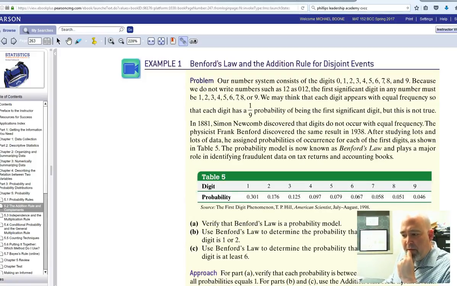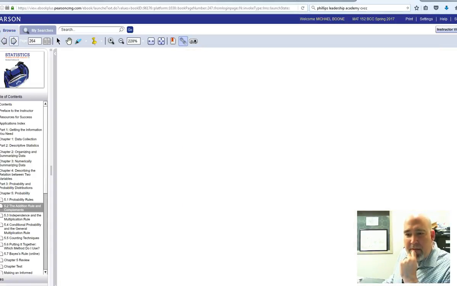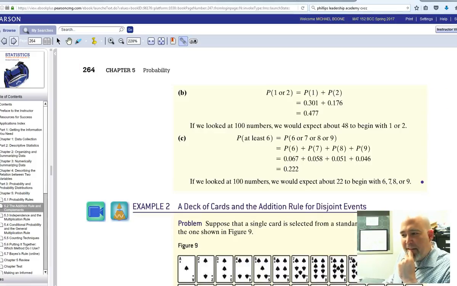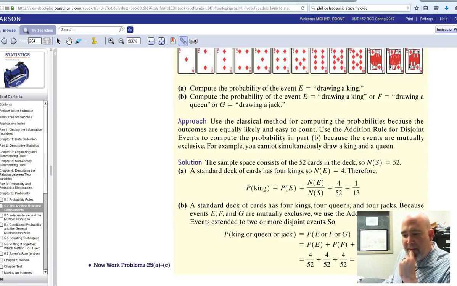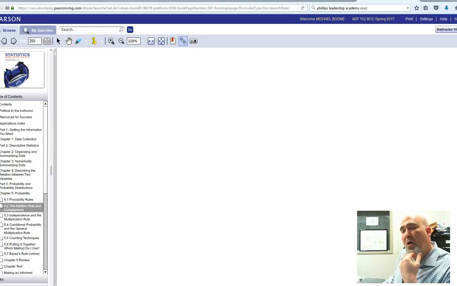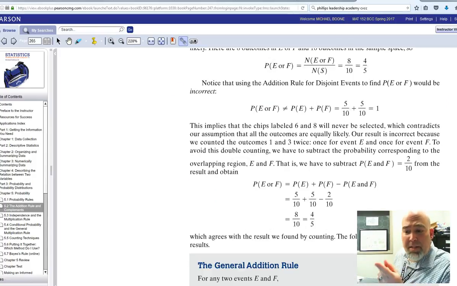But we also have things that can overlap. Again, like if we were dealing with cards, if I said the probability that I was a heart or a 2, I wouldn't add up all the hearts and all the 2s because I've added one card twice.